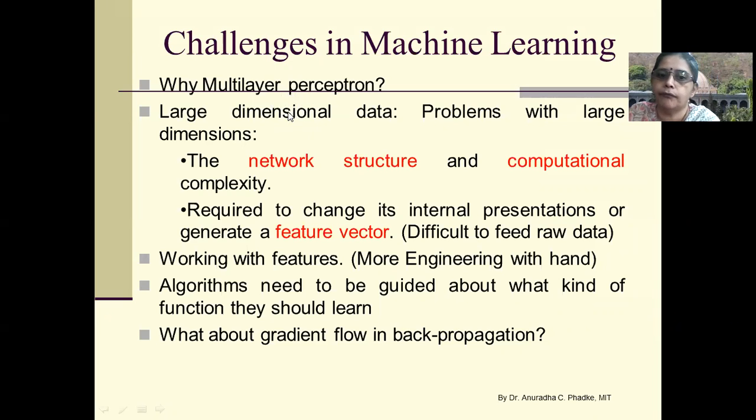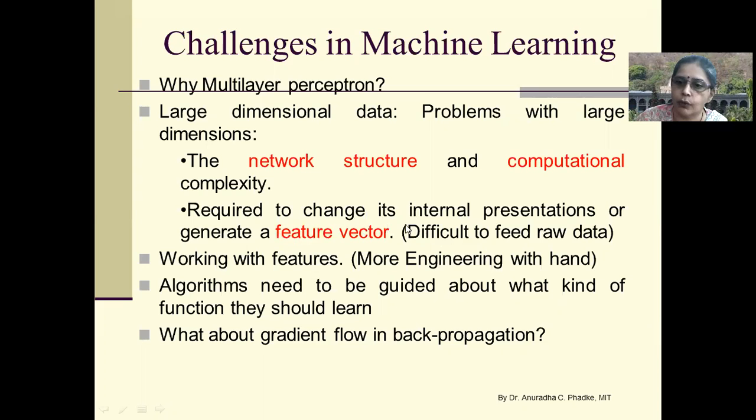Now, when we go for multi-layer perceptrons, there are various issues. The network structure becomes complex, and computational complexity increases. It is required to change its internal representations or generate a feature vector. So from the raw data, it is necessary to generate feature vectors, and then work with these features.